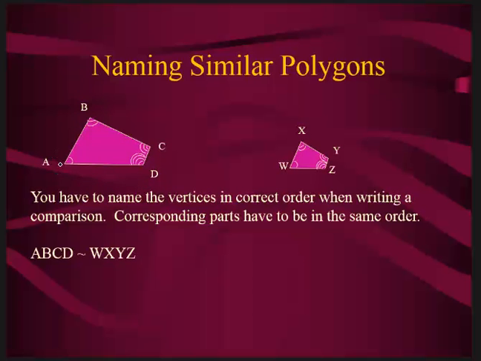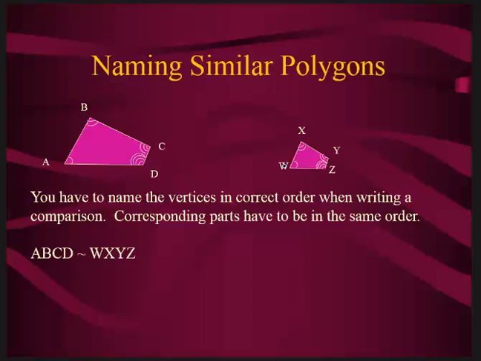Well, since I started in the bottom left-hand corner here, the corresponding part on this other polygon is the W. So I have to start its name here. I have no choice on the second one. The second one has to follow the same pattern as the name of the first polygon. So whereas ABCD was a choice, WXYZ is not a choice.